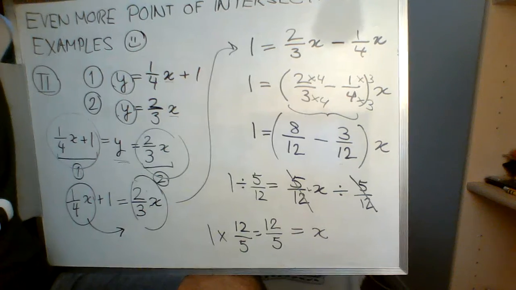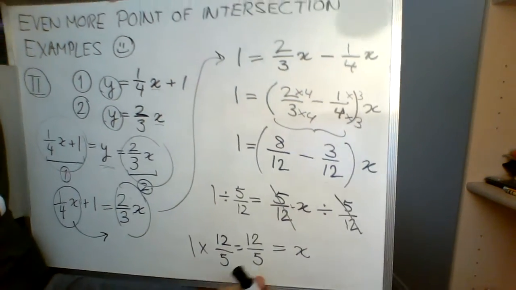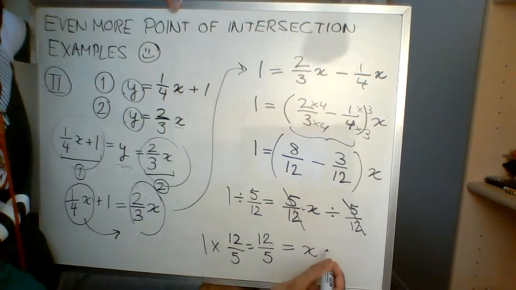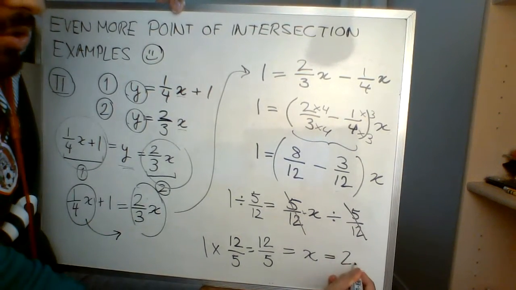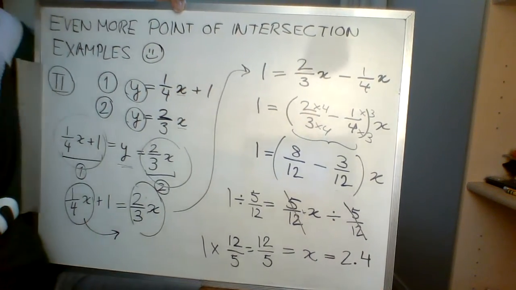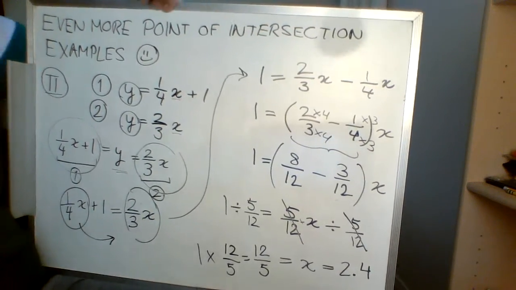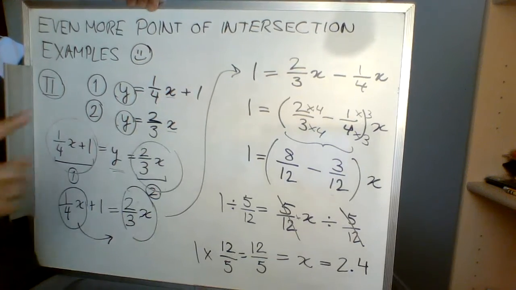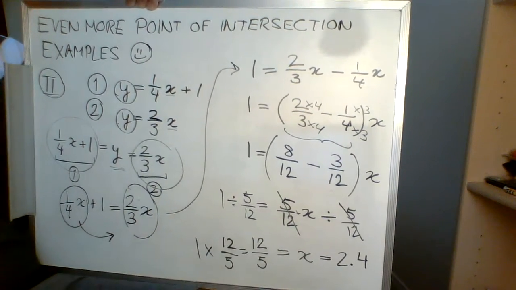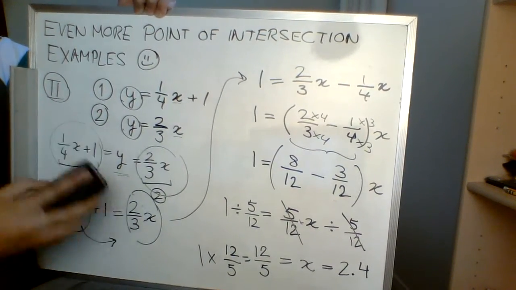And if you'd prefer to write that as a decimal, just so that it's easier to tell what we're doing when we're graphing it, you could do it as a decimal, you could do it as a mixed number. This should give you 2.4 as a decimal. So what we're going to do now, we're not quite finished the problem, but now we have in this corner our x coordinate for the point of intersection.